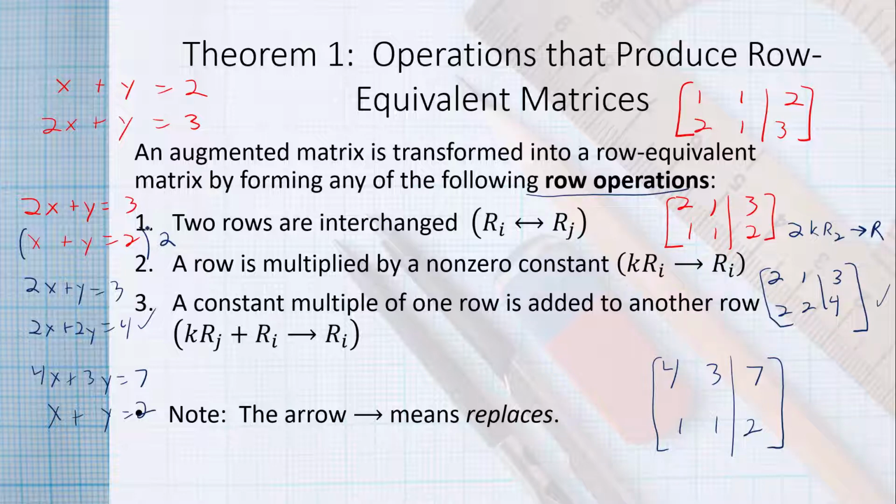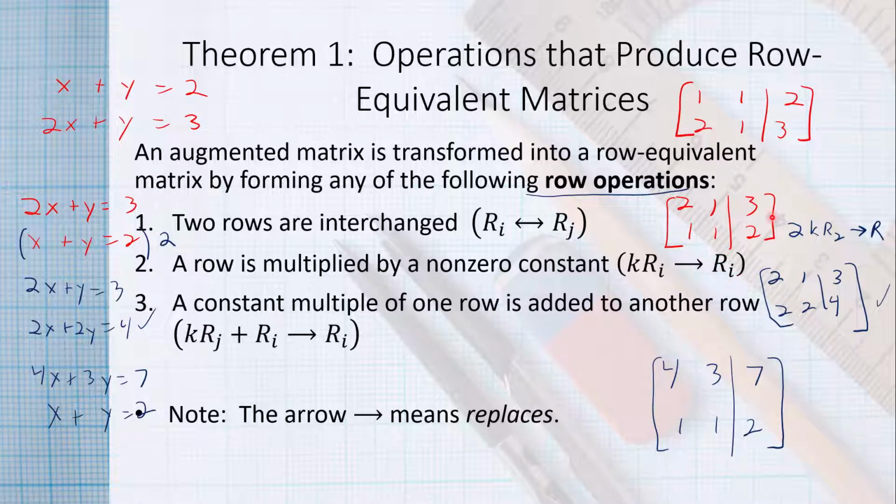Now, the first thing I want to mention is that the first operation is interchanging two rows. And the double arrow means that we are basically going to swap the rows. Now, this one says we're going to multiply the row by a non-zero constant. So what we're going to do is take the ith row, multiply each element in that row by k, and put it back into the ith row, which is essentially what I did here.